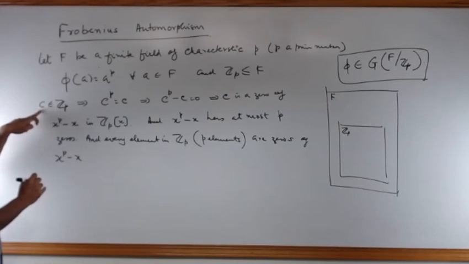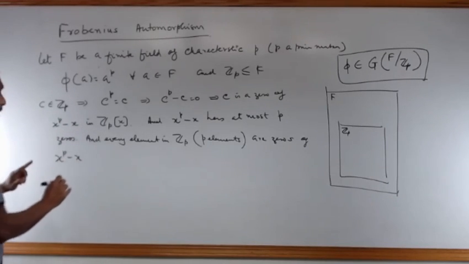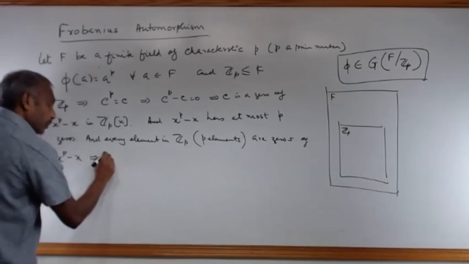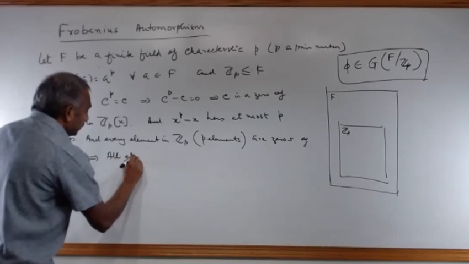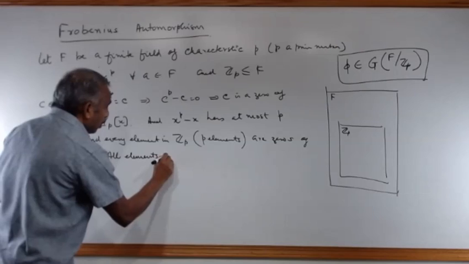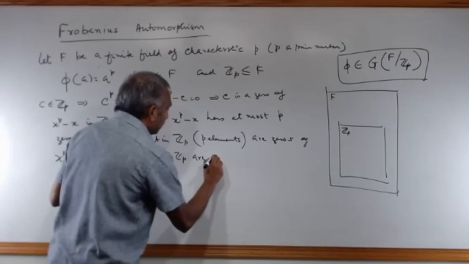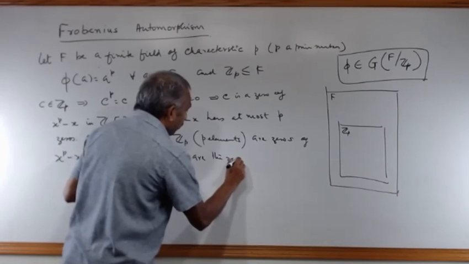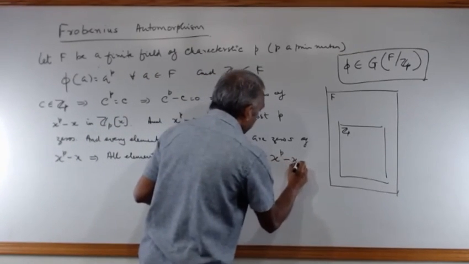If it is in Z_P, then it is a zero of this. That means all elements of Z_P are the zeros of x to the power of P minus x.